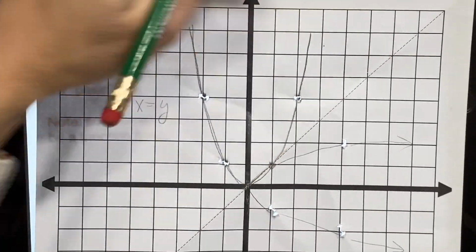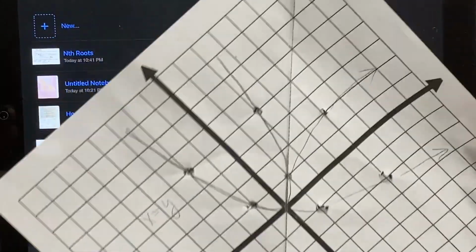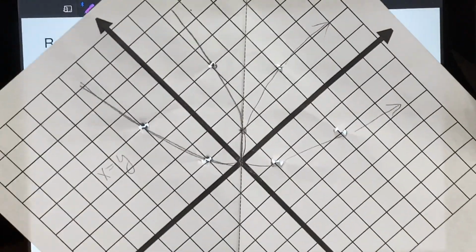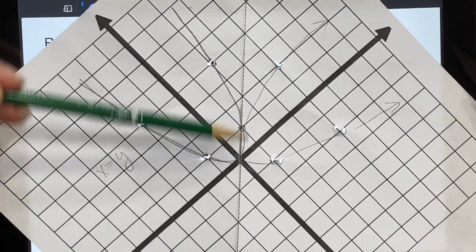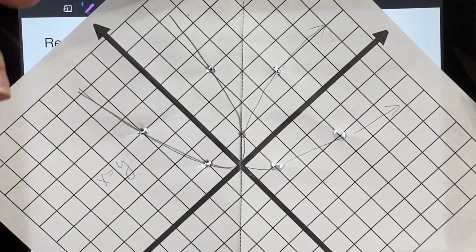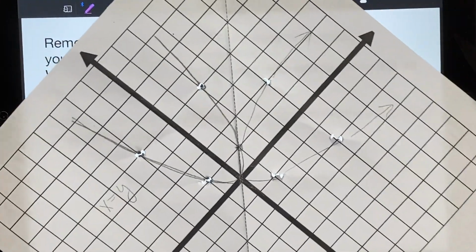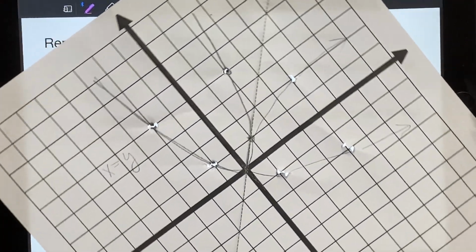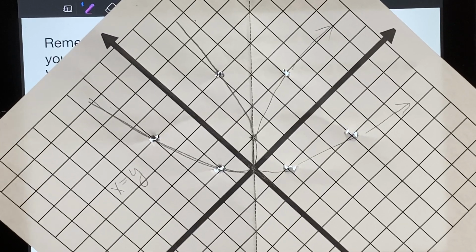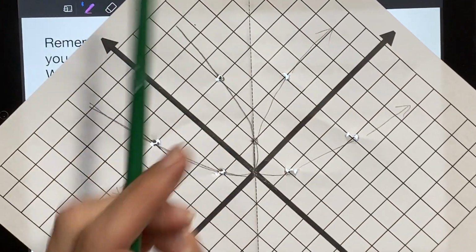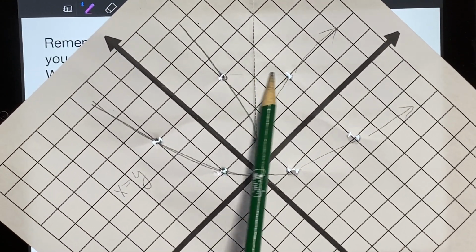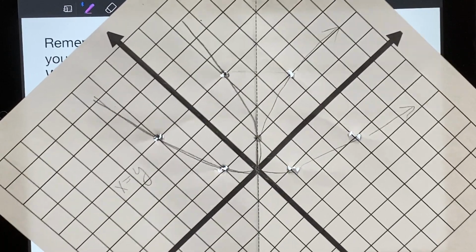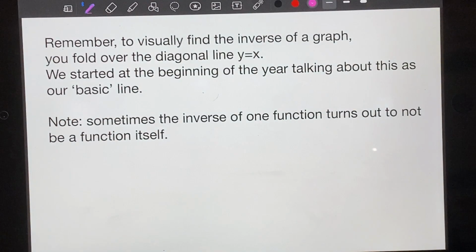And x equals y gives us our basic line, that's our 45-degree line. When we turn it vertically and we shift our entire coordinate plane, then we can see that our points are truly a reflection across the line there.